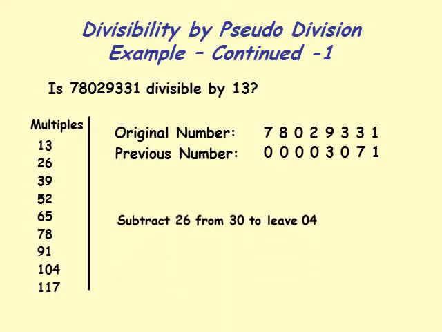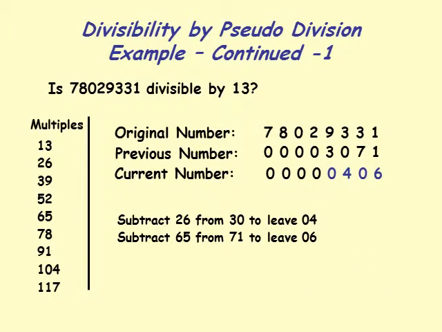Now we can subtract 26 from 30 here, so 30 would have 04 at the end. We can subtract 65, which is 5 times 13, from 71. That would leave 6. That means the current number is all zeros, then 406.